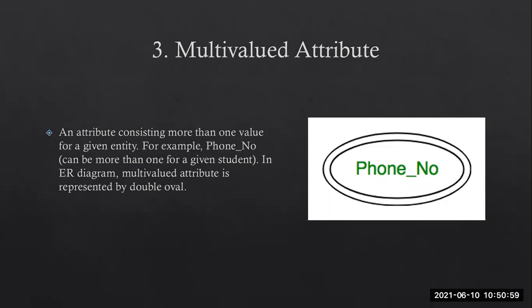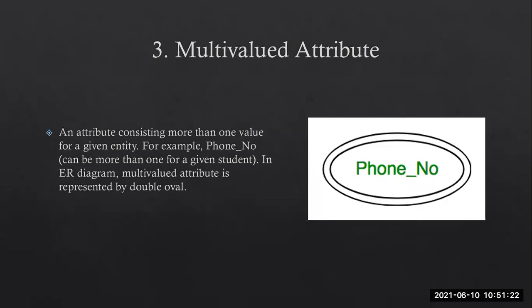So let us look at that slide here. An attribute consisting of more than one value for a given entity. For example, phone number can be more than one for a given student. Your phone number, parents' phone number. Your best example, guys, is your hall ticket, university number, and student ID.